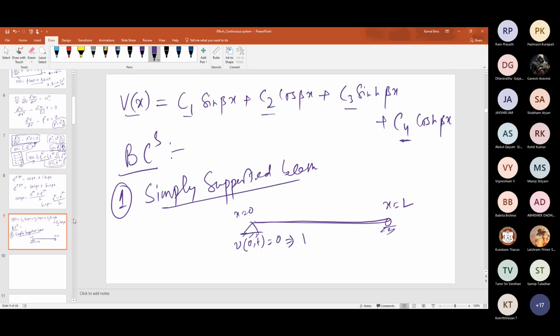That leads to capital V at x equals 0 is 0. Am I right or wrong?